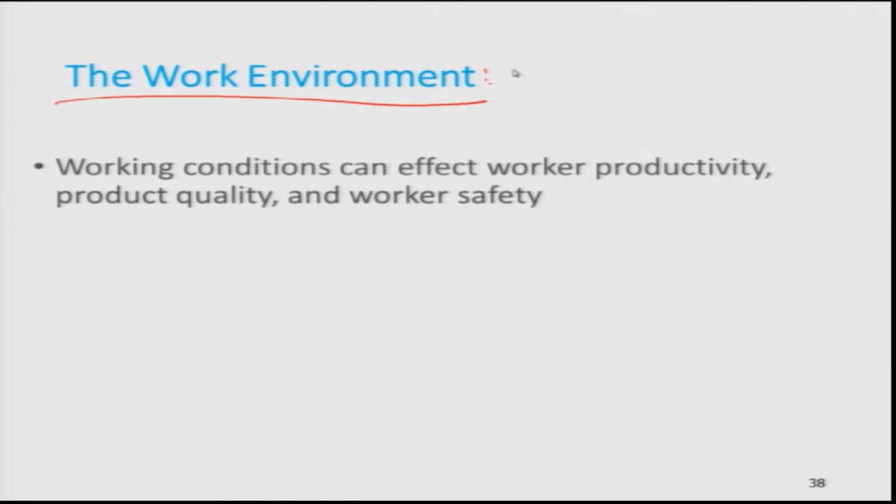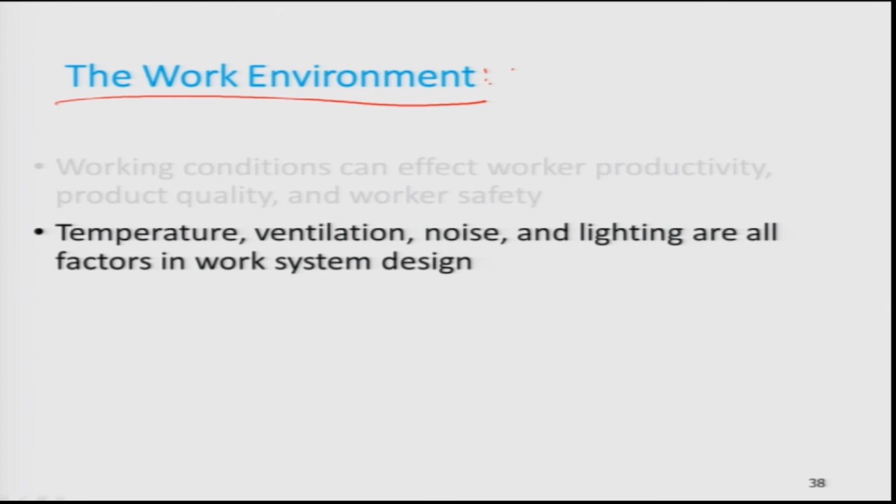Now, I will explain the work environment. After chart preparation and job designing, now we will come to work environment. This is also a very important factor. Here, working conditions can affect worker productivity, product quality and worker safety. Temperature, ventilation, noise and lighting are all factors in work system design.